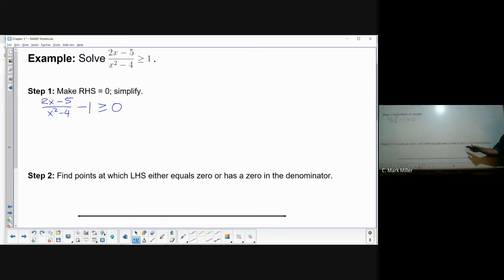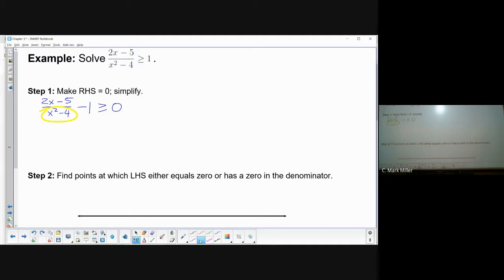The next step we're going to do is find points at which this equals 0 or is undefined. You cannot look at that and tell me where it equals 0. You might be able to tell me where it's undefined, because you see down here we have a quadratic in the denominator. So where that quadratic is 0, this is going to be undefined.